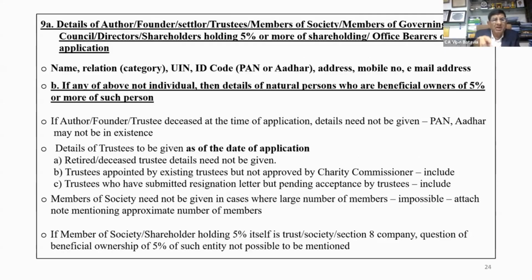The only thing is, here they are asking, on the day of application, for their ID, relation, PAN number or Aadhaar number, address, mobile number, email address. And on the day of application, if there is a resignation, a death, or a change, that is to be given on the day of registration. And if there is more than 5% shareholding, those details are also to be given.